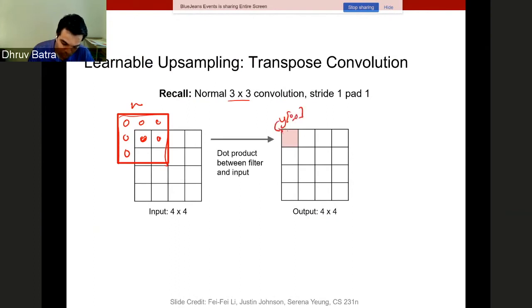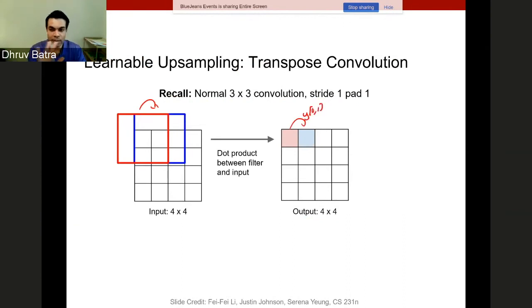So when you have to produce Y 0, 0, you place the filter at a particular position, take a dot product of the input with respect to the filter, and you have that output. Stride is something that happens on the input side. So when you have to produce Y 0, 1, you slide the filter on the input side.